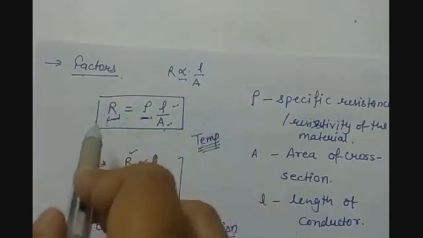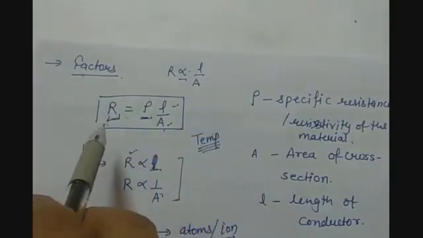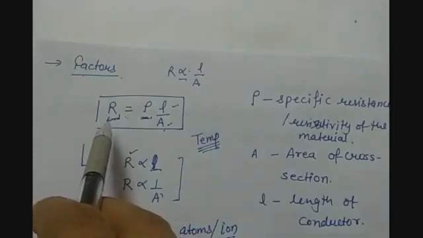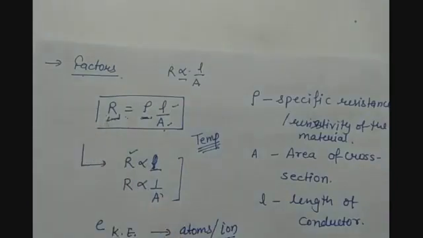Then with high resistance, we have some materials which are called alloys, and these are used for making heating elements like electric heater, electric iron, toasters, water heaters. And the materials which have a very high resistance are used as insulators, which prove to be a safety device from electric shock or electric heat.